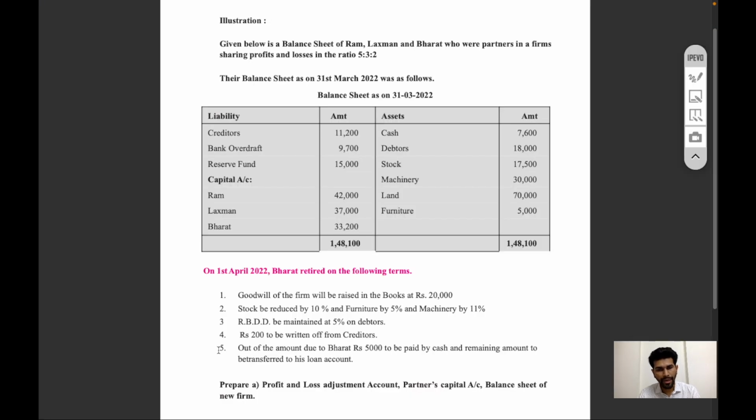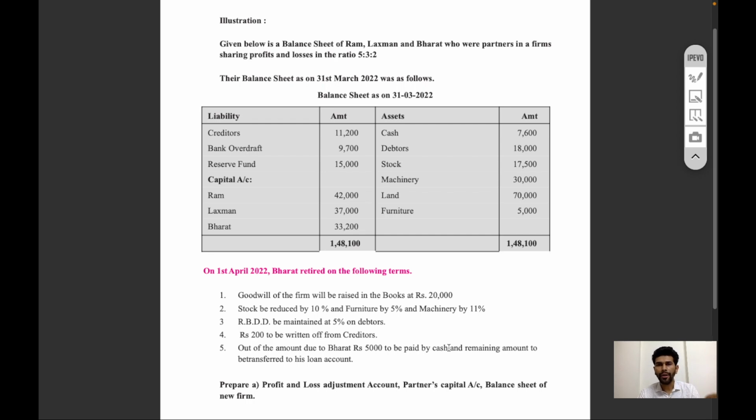And the last adjustment, out of the amount due to Bharat, 5,000 rupees to be paid by cash. Cash of 5,000 rupees paid to partner Bharat. So the entry will be Bharat capital account debit to cash account, because Bharat is the receiver of the cash, debit the receiver, and cash is going out, credit what goes out, so cash account will be credited.